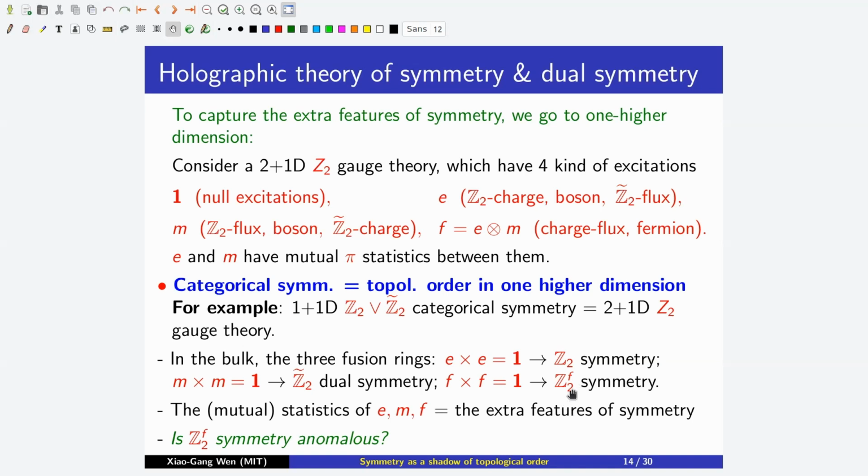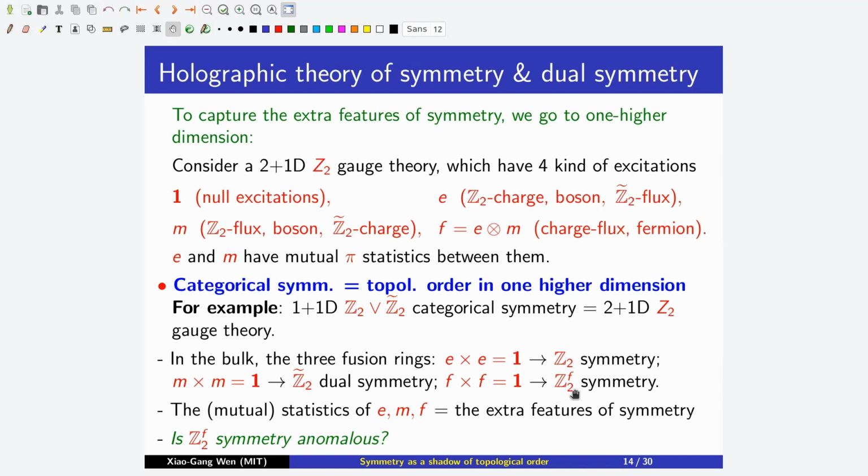First, the Z2 symmetry in one dimension can be anomalous. But the anomalous Z2 symmetry in one plus one dimension indeed has a patch operator, with an end string.